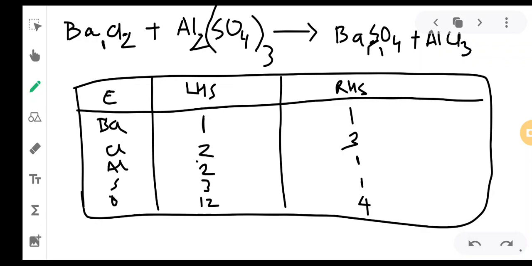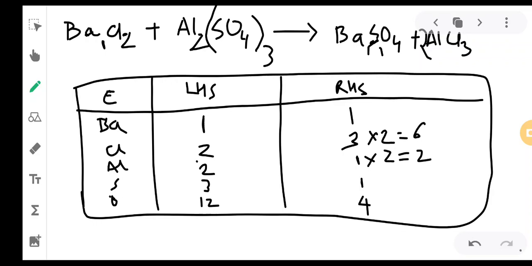So what you can do, first we will make this aluminium equal. How can we make aluminium equal? We can multiply 2 on the right hand side and make it equal. If you multiply 2 over here, aluminium will become 2, and chlorine will also be multiplied by 2.